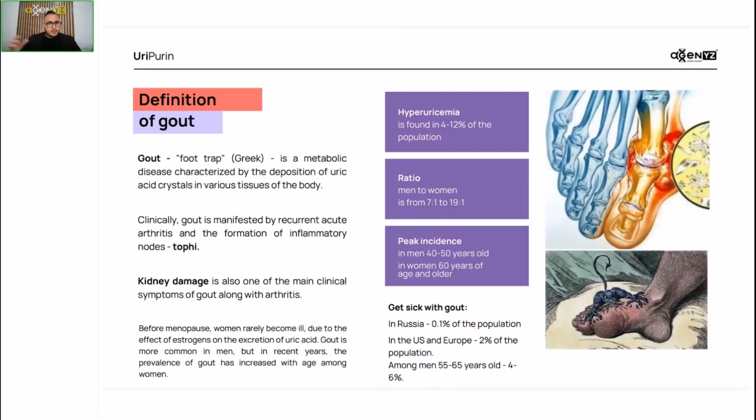When we look at the worldwide incidence, we can see that in Russia only 0.1% of the population is affected, whereas in the US and in Europe, 2% of the population is affected, and it is generally prevalent among men between 50 and 65 years old, at 4 to 6% of that population.